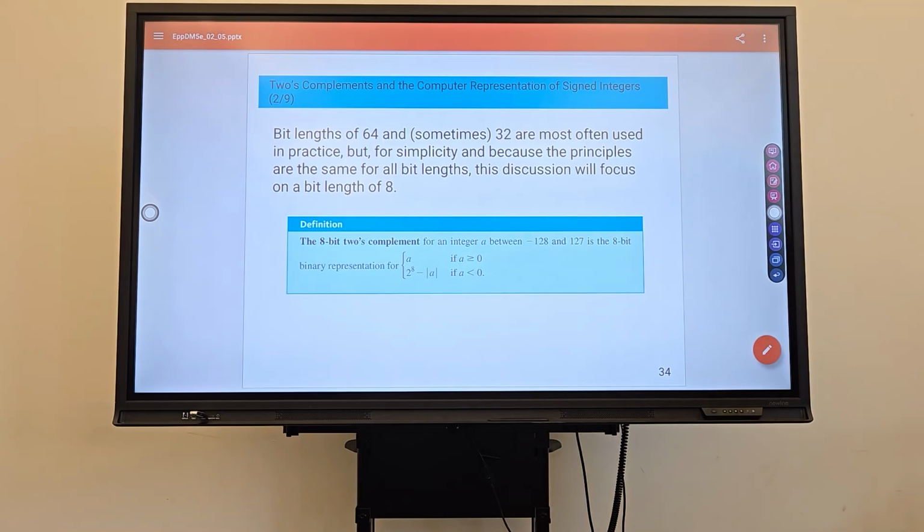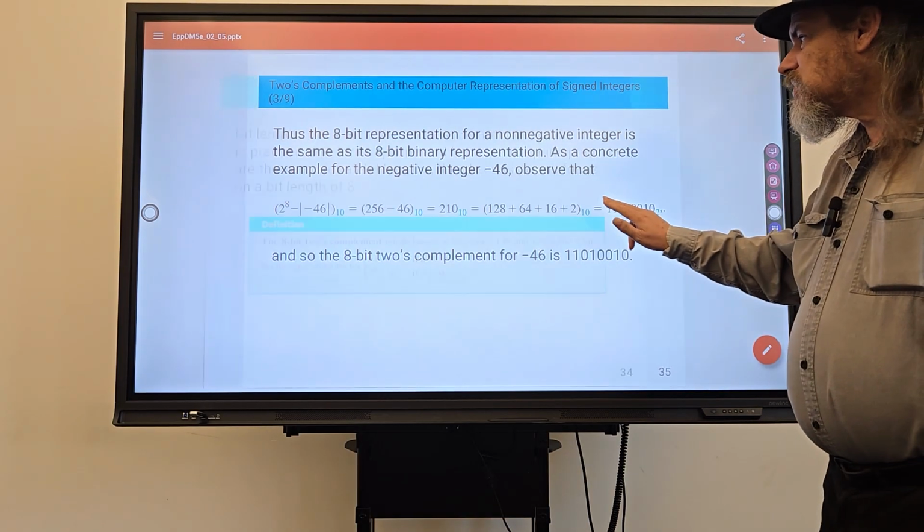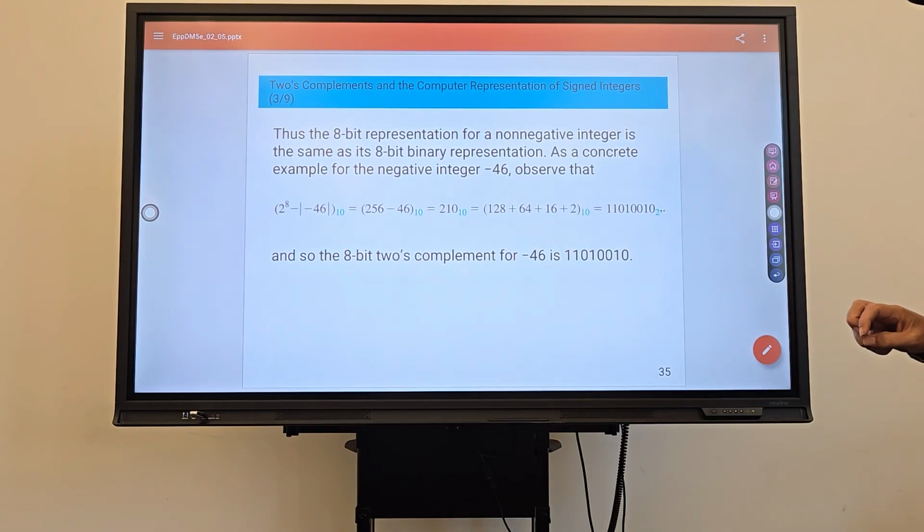So, 2's complement for an integer a between negative 128 and positive 127, is the 8-bit binary representation for a, or the binary representation of 2 to the 8th minus the absolute value of a, if a is less than 0. But there's an easier way to do that.